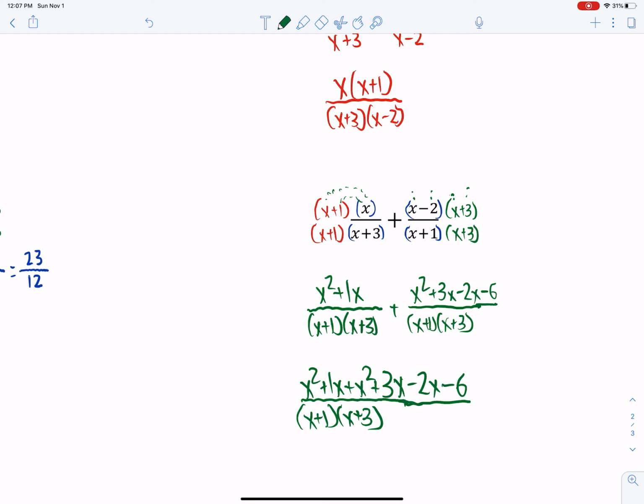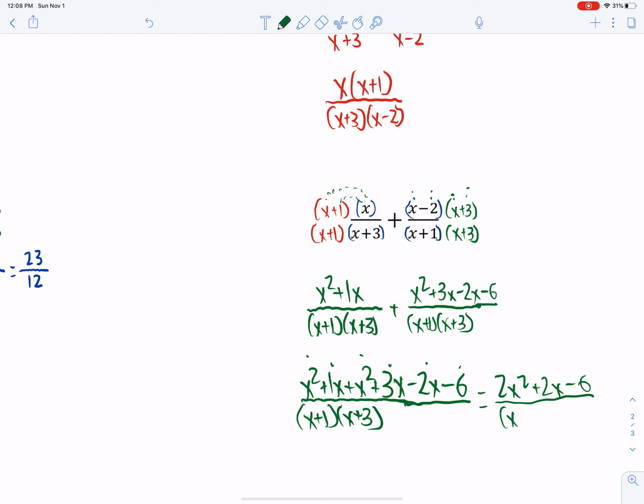Then we need to combine all those like terms on the top. So x squared plus x squared is 2x squared. 1x plus 3x minus 2x, let's see, that's going to be plus 2x. And then we still have a minus 6 there at the end.